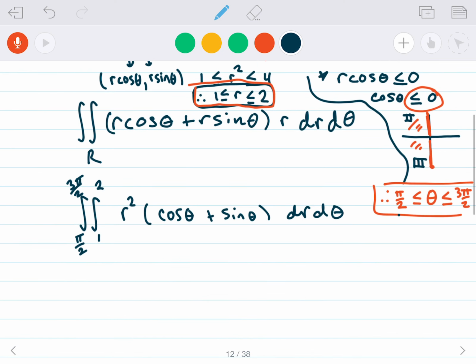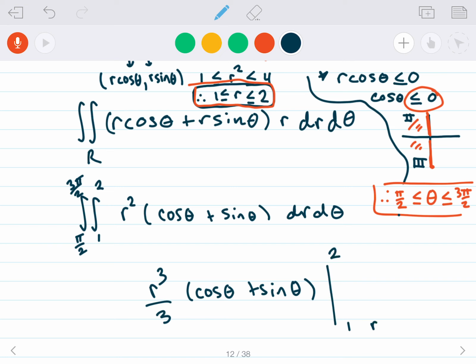So let's go ahead and do the integration. With respect to r, that means that this stuff can be treated like a constant. So this just becomes r cubed over 3, and then this just comes along for the ride since it's constant. We're going from 1 to 2. And if it helps you, you can remember that I integrated with respect to r, so I'm plugging these in for r, not theta.